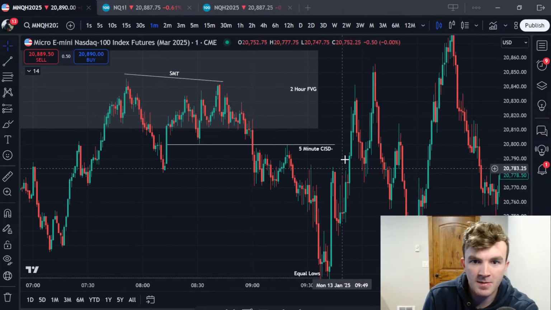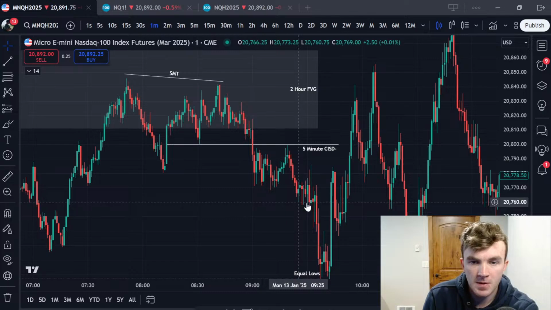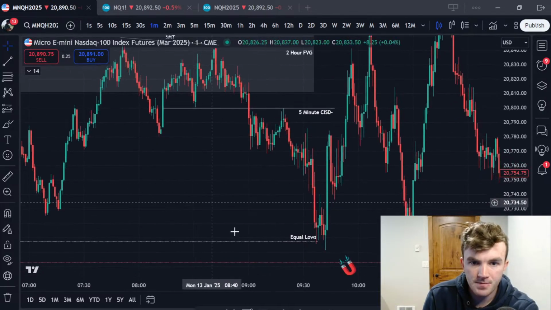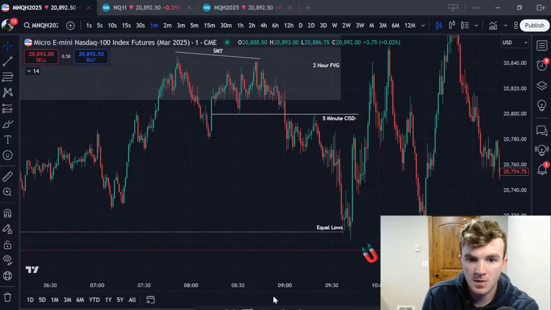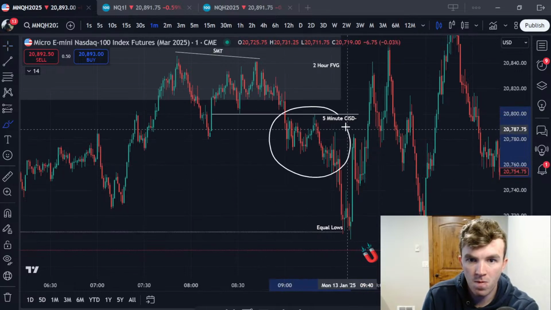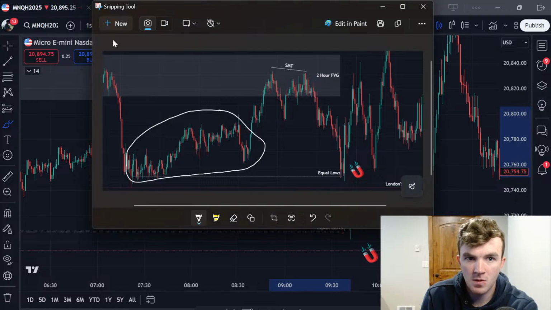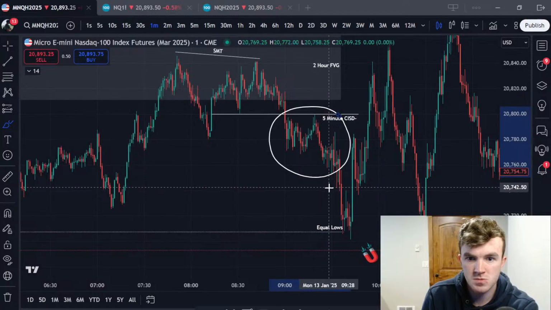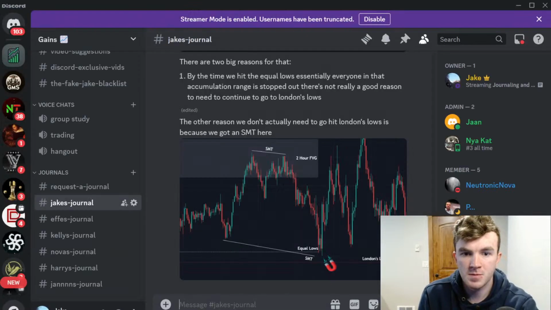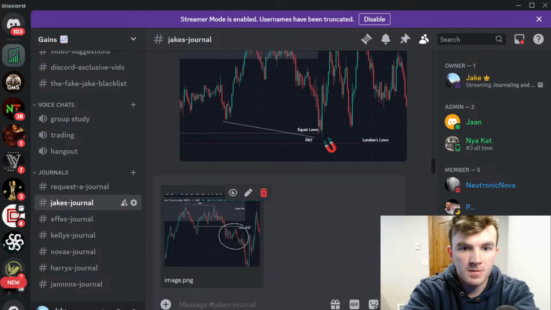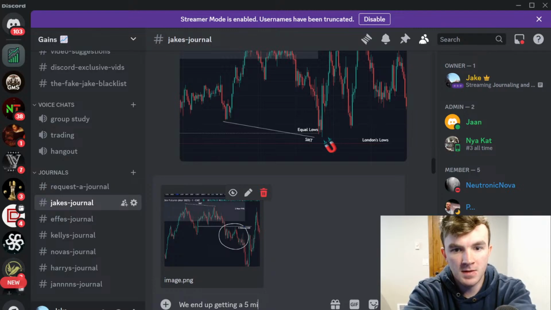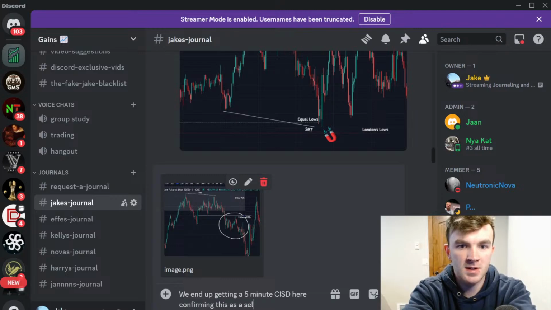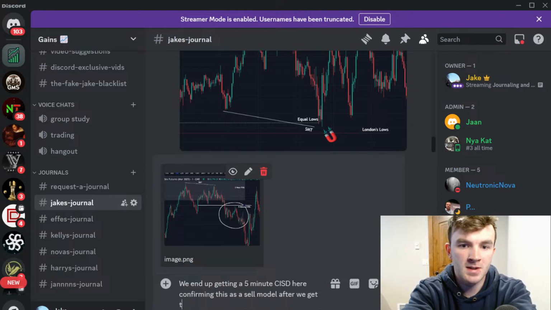So yeah, we ended up getting this 5-minute CISD. We end up getting a 5-minute CISD here, confirming this as a sell model after we get the SMT.